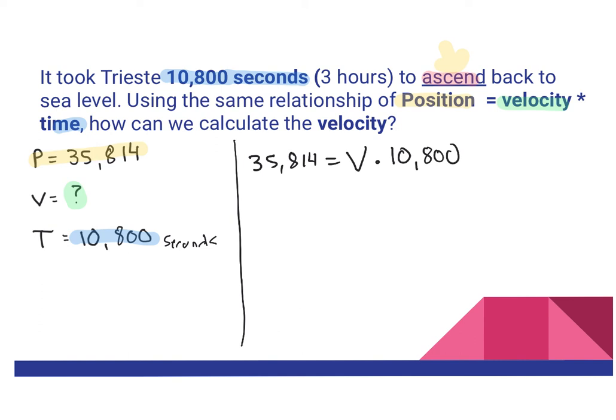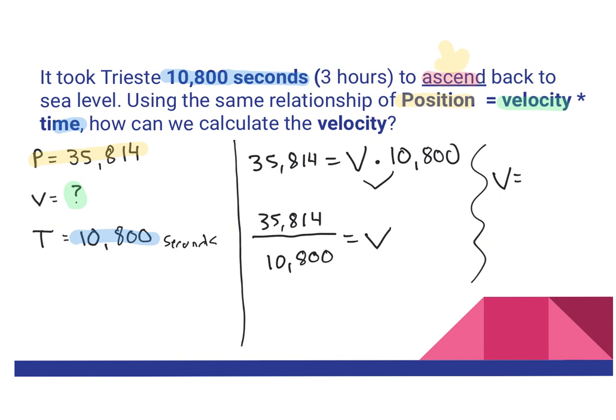So if V times 10,800 equals 35,814, then because of our fact families or inverse operations, we know that if we take 35,814 and divide it by 10,800, that will give us our velocity. Go ahead and pause and do that calculation.